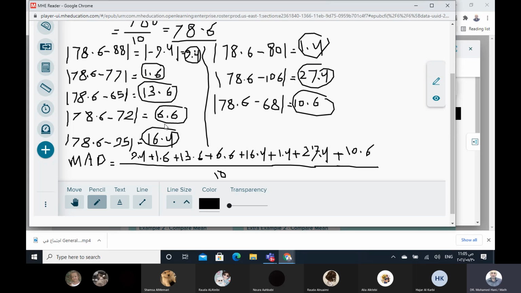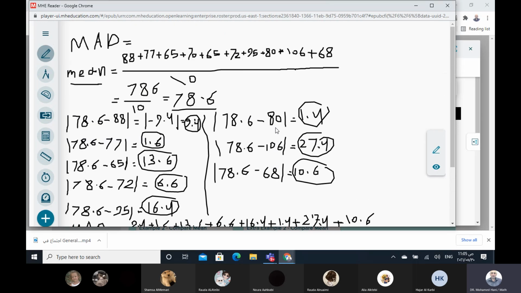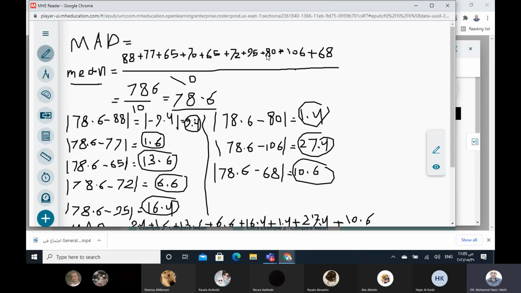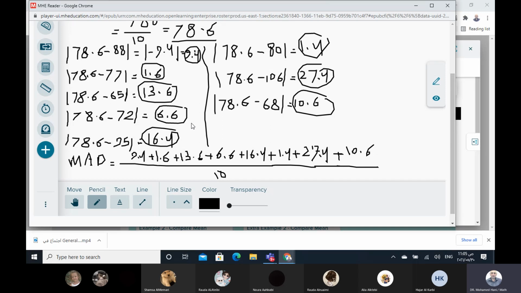Here we have 1, 2, 3, 4, 5, 6, 7, 8. Two values remain. I will check. Here 68, here 106, here 80, here 95, here 72, here 65, and here 88. Remaining here two values, 65 and 70.